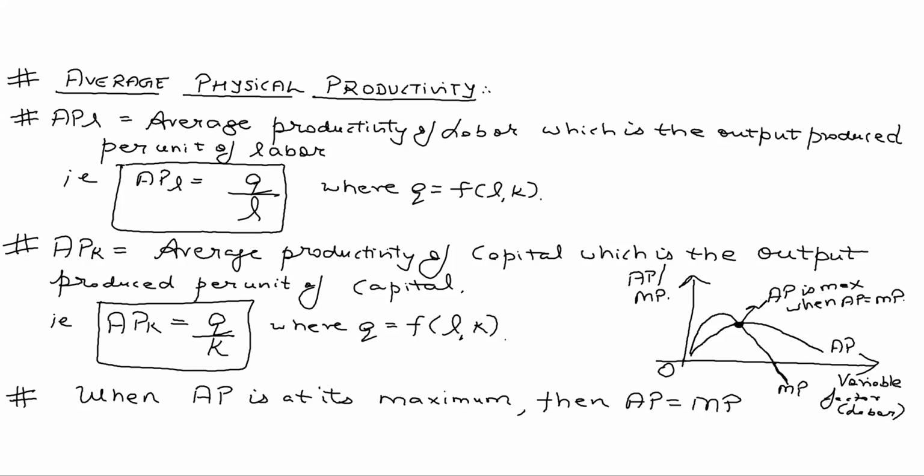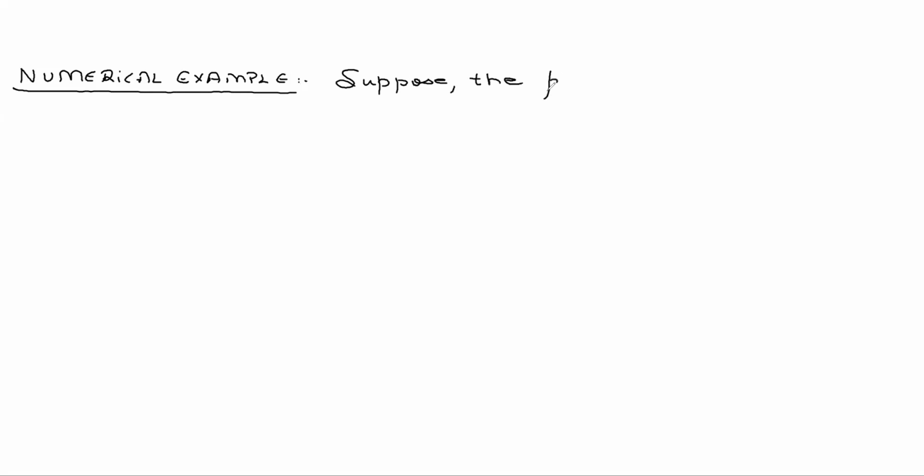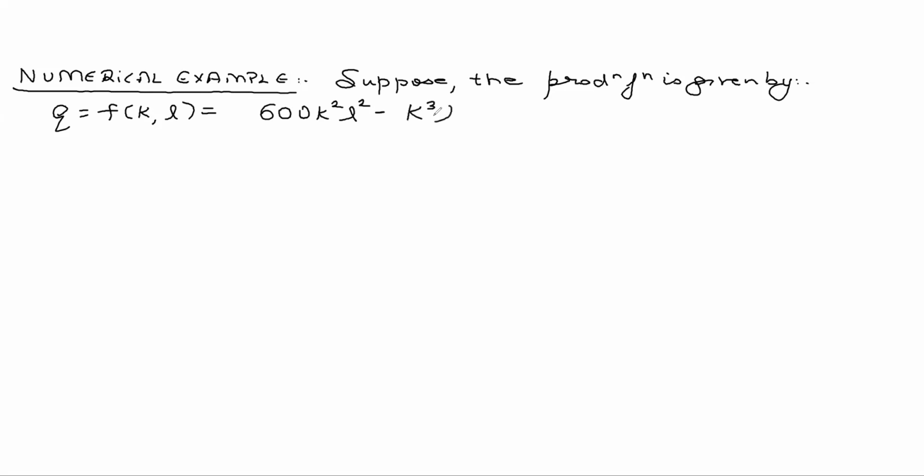You want to see it mathematically? Let's do a numerical. A numerical is going to show it more mathematically. Let's look at the numerical example. So suppose the production function is given by Q as a function of capital and labor, which is 600 K square L square minus K cube L cube.